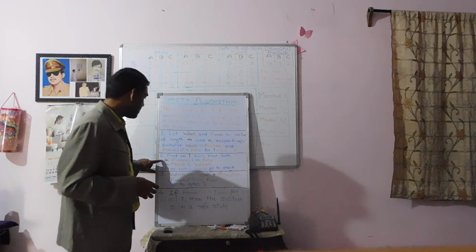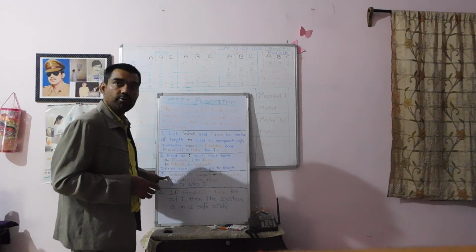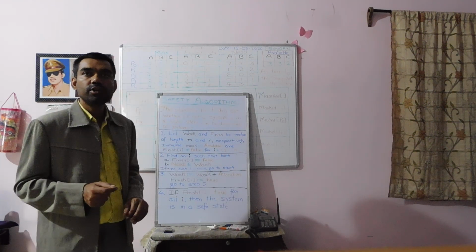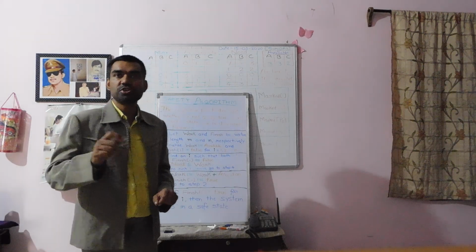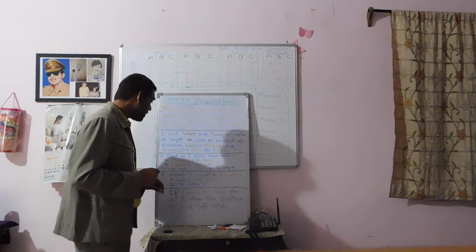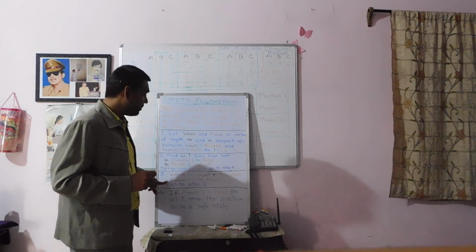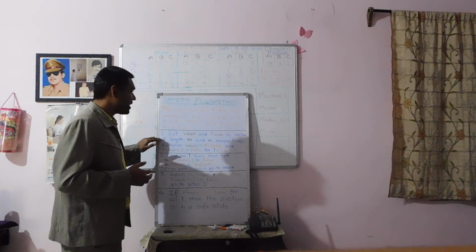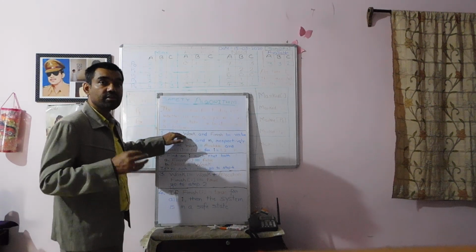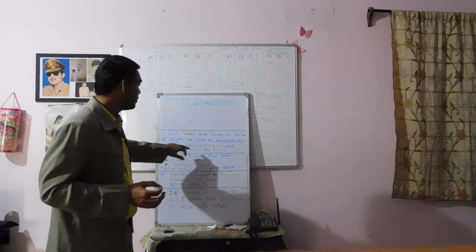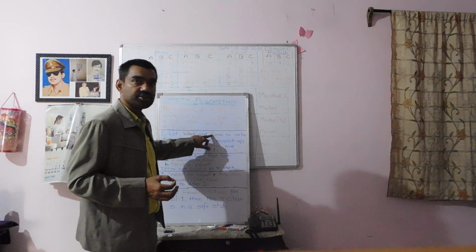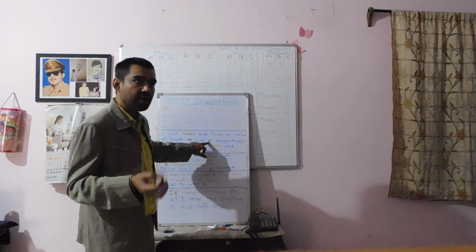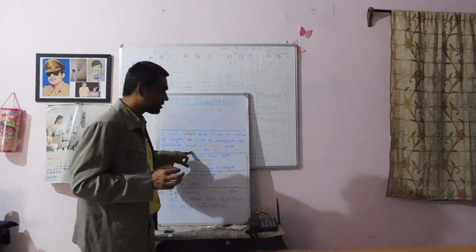If both these conditions are true, then work will be updated as work equals work plus allocation of i, and finish of i will be set to true. So in the first step, we initialize work to available, and finish, whose size is n, has every value initialized to false.